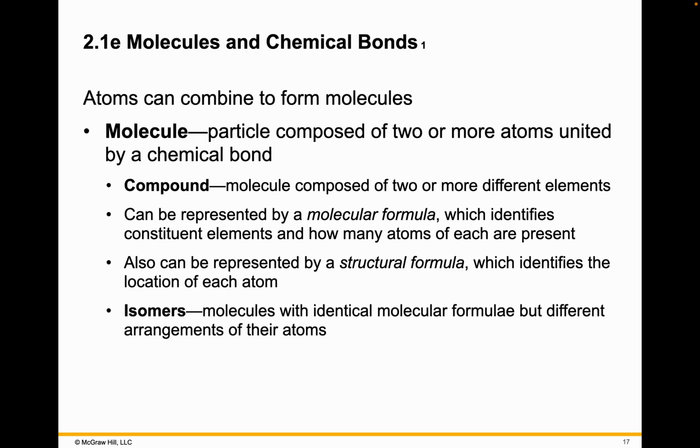Your text is going to call a compound a molecule composed of two or more different elements. It's represented with a molecular formula, which identifies the elements and how many of each element is involved. It could also be identified by a structural formula, which will give you an idea of the actual location of each atom.